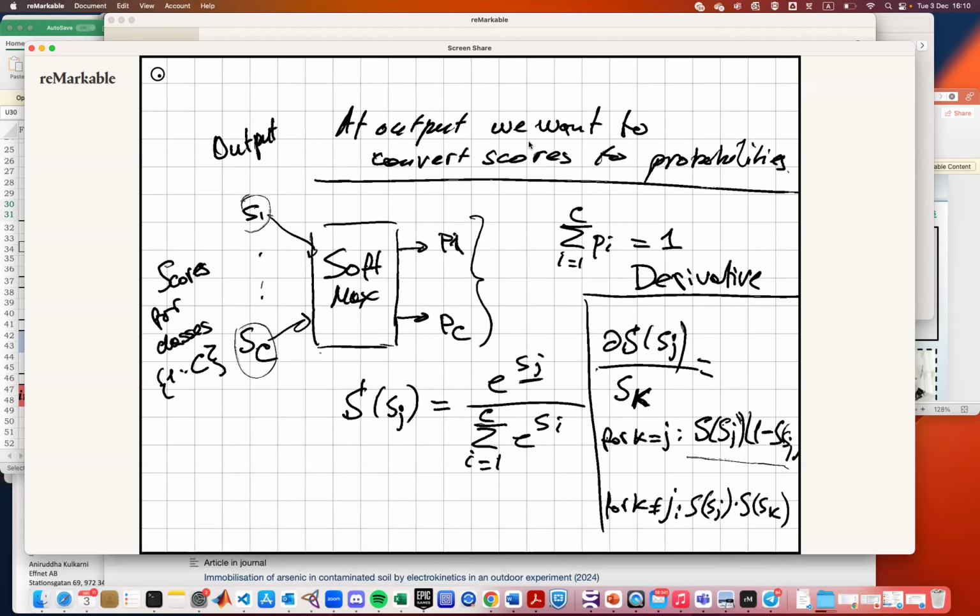So in terms of notations in the lab, this is what will be computed as y hat, and this is the vector of outputs.